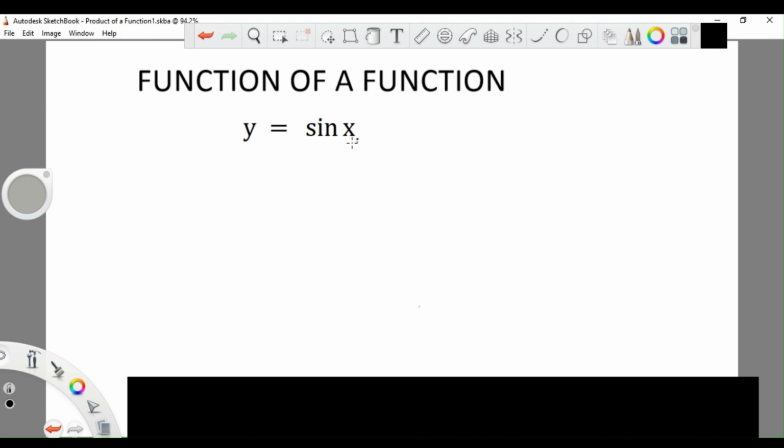So for us to differentiate a function of a function, we call the independent variable u. Remember, y is the dependent variable and x is the independent variable.